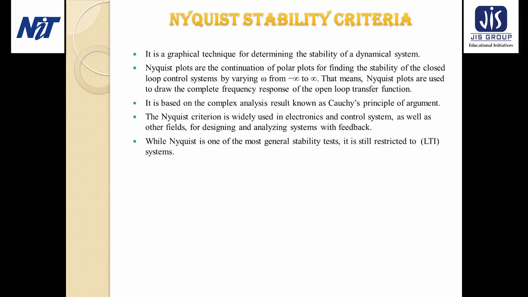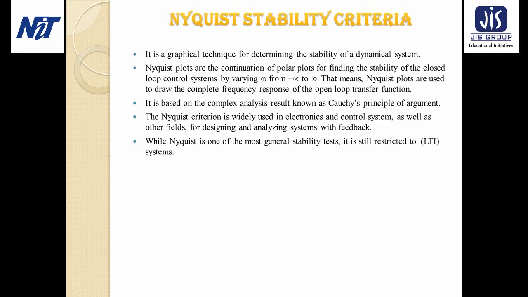So, in 1932, the frequency domain stability criteria was developed by Nyquist, and it remains a fundamental approach to the investigation of stability of linear control systems. It is a graphical technique for determining the stability of a dynamic system.